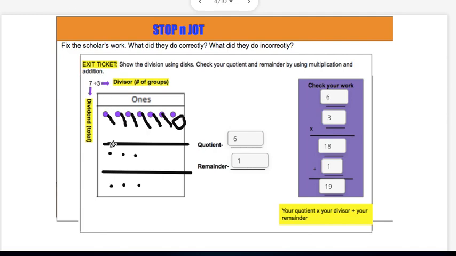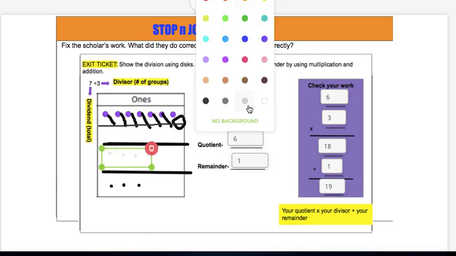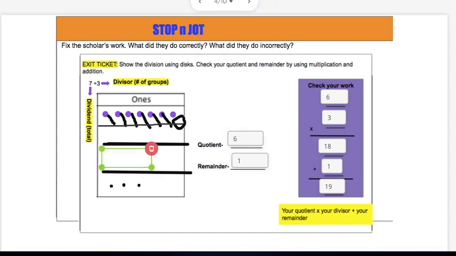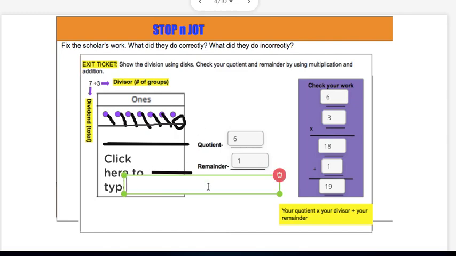So, this friend made 2 groups. How many groups were they supposed to make? Fabulous. They were supposed to make 3 groups. 1, 2, 3. I'm going to erase this friend's work because we are going to work together to fix this scholar's work.